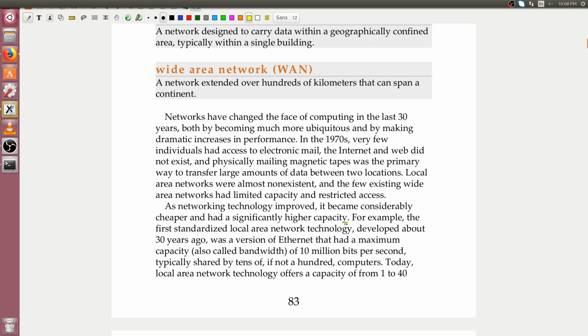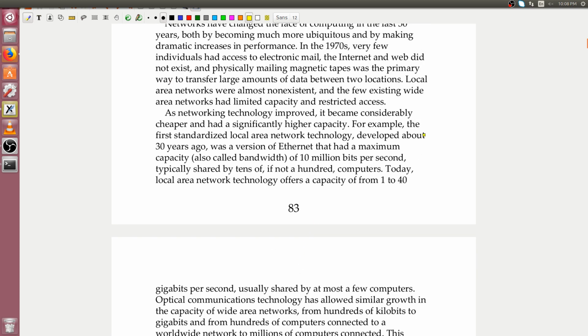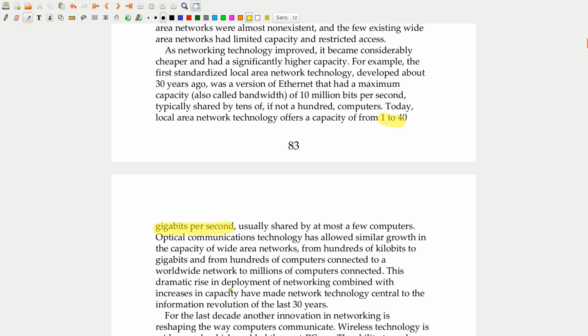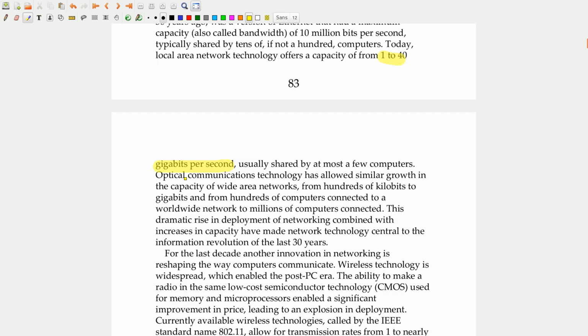The standard local area network developed 30 years ago was a version of Ethernet with a maximum capacity of 10 million bits per second, typically shared by tens, if not hundreds, of computers. Now, local area networks offer 1 to 40 gigabits per second shared by a few computers, and then there's optical communications technology. It'd be interesting to do a little stream on fiber optics. I know a little bit, not a ton, but it'd be interesting to look at.